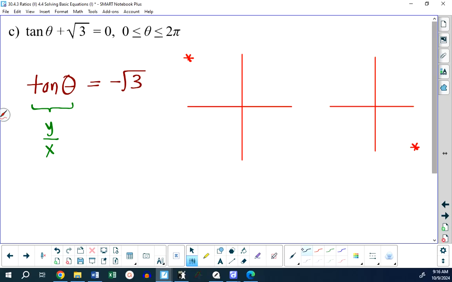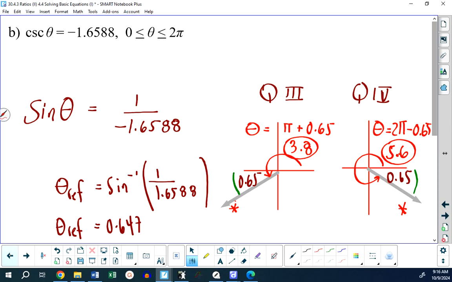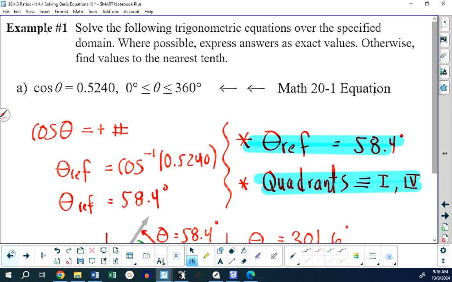Now, this requires practice and skill like anything else in this course. You'll notice that root 3 or negative root 3 is a very precise number. It's not some kind of weird decimal. And for these reference angles, we got irrational numbers for the angles.